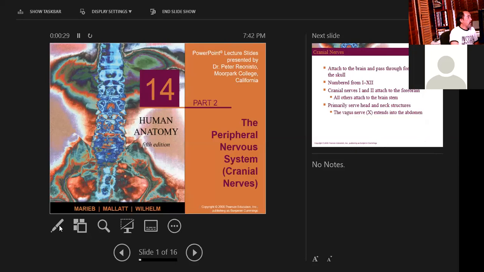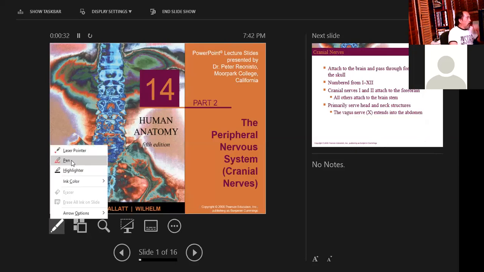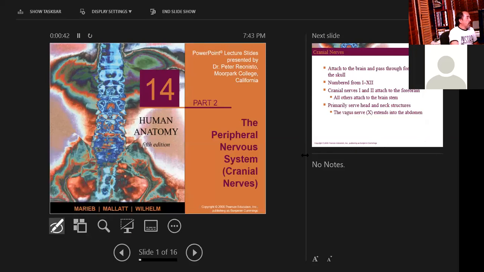The next day, we're going to do your spinal nerves and autonomic nervous system, which is also part of the peripheral nervous system. I'm going to use my pen to write on it. Just remember, we need to know the name of the cranial nerve and the Roman numeral of the cranial nerve, and that's the information we need to go through here.